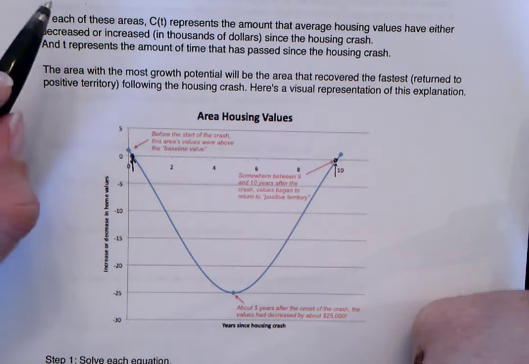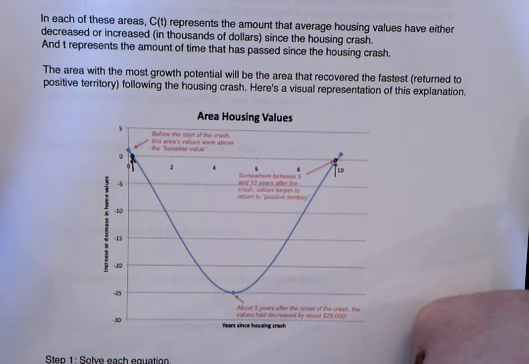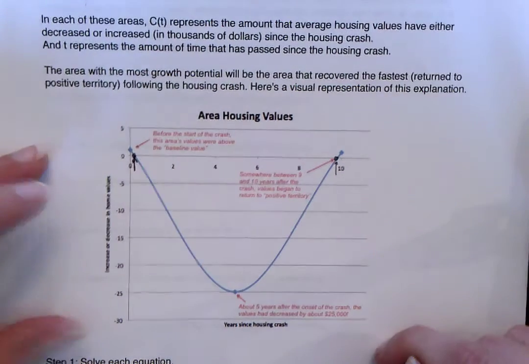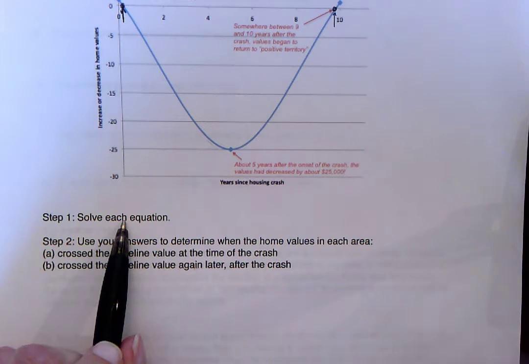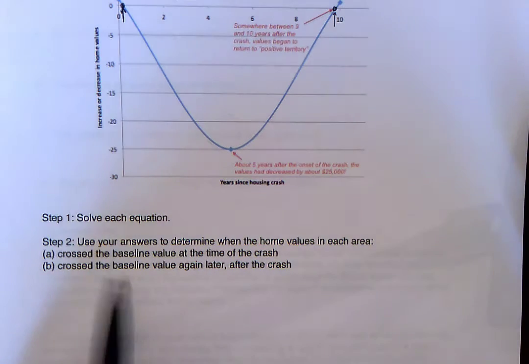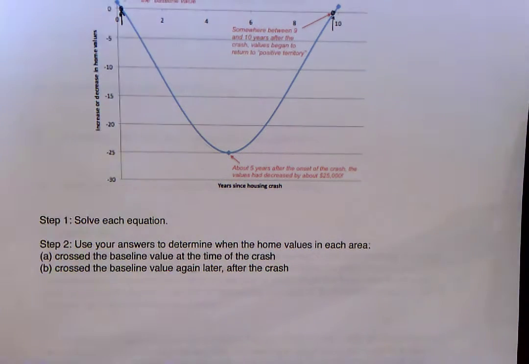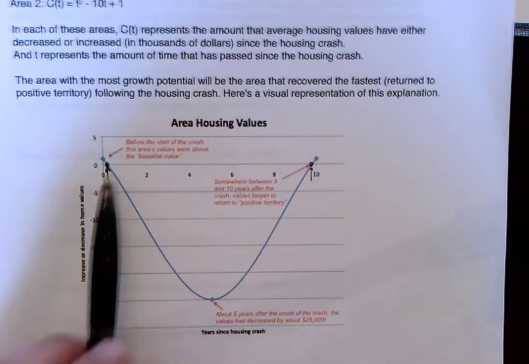So we're going to practice using the quadratic formula again and apply it to this. What we have to do is it says solve each equation, so we'll do that using the quadratic formula. Then it says use your answers. Your answers will basically determine those two zeros.